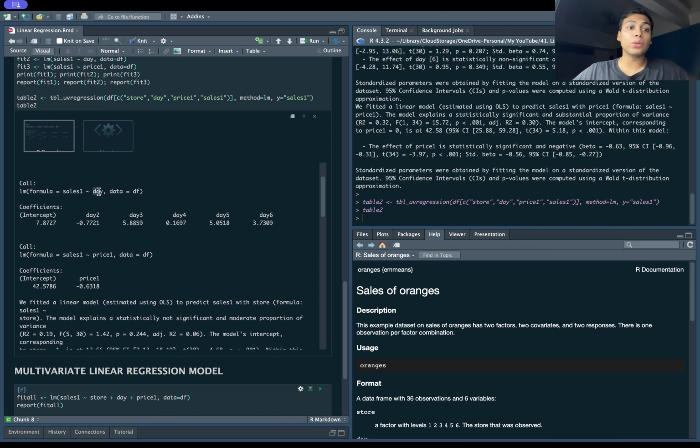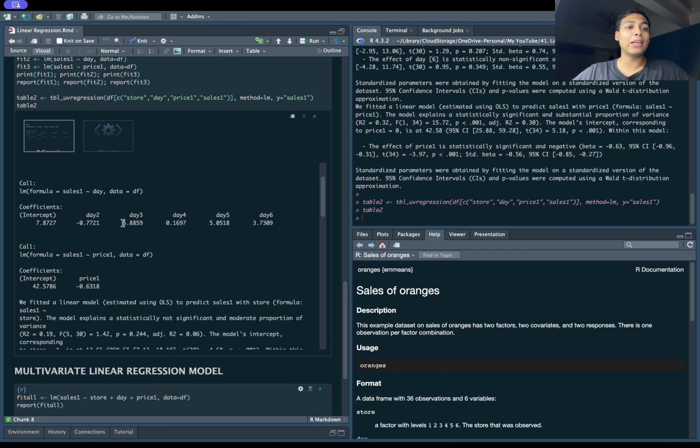Now this was the first fit 1. This is the second fit, so day. Day 1 is taken as the reference class. Day 2 performed poorly. People bought more oranges on day 1 than day 2. Day 3, it was a total orange buying fest. On average, people bought 6 more oranges on day 3 as compared to day 1.